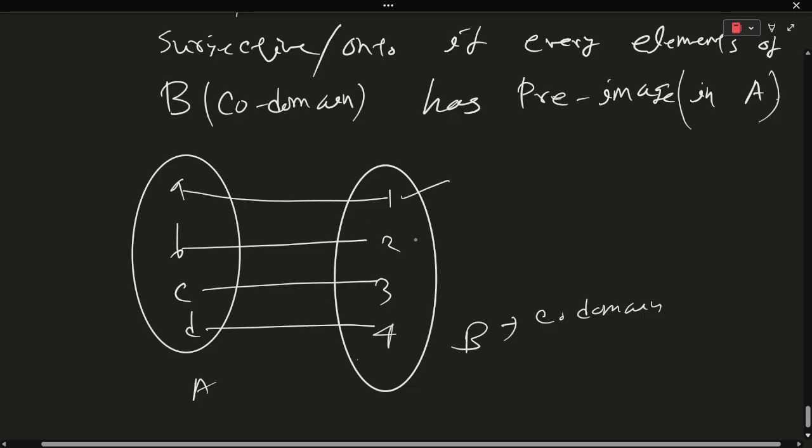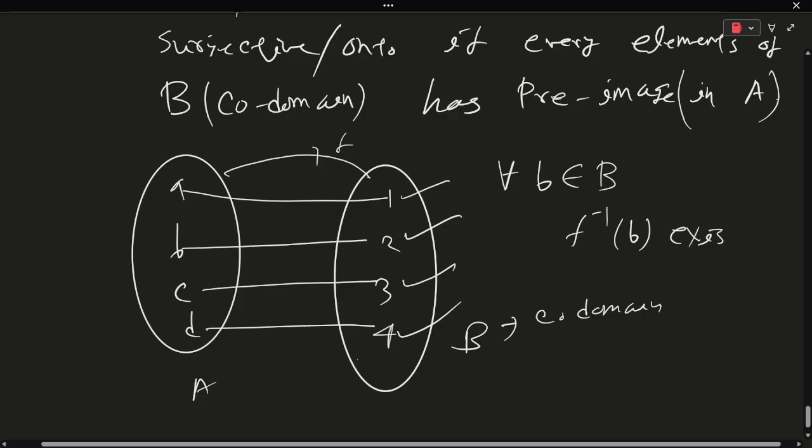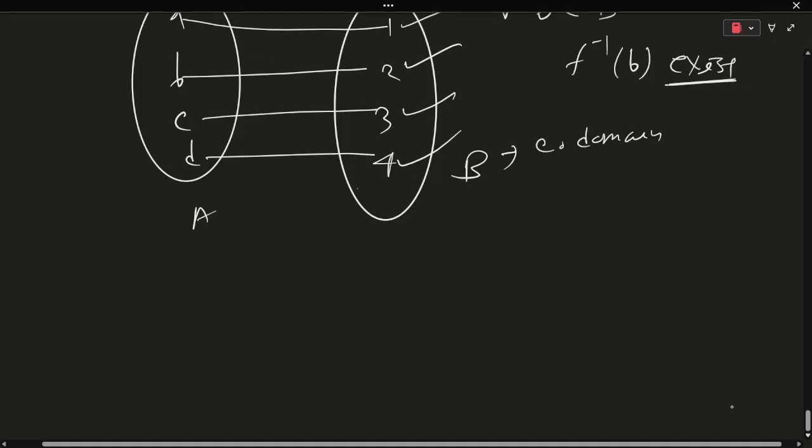So for all elements b in B, f inverse of b exists. But if you take this type of element, the inverse image of 4 does not exist; there does not exist any pre-image of 4.